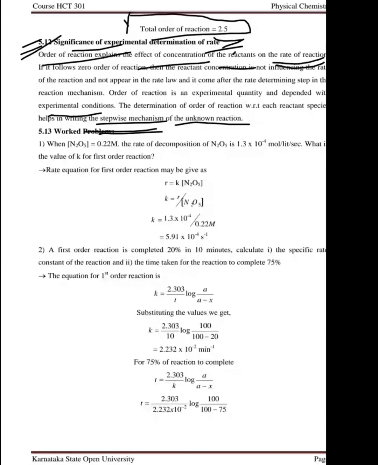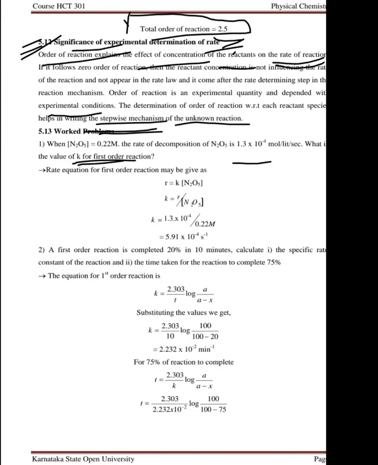The first problem: for dihydrogen peroxide at a concentration of 0.22 molar, the rate of decomposition is 1.3 into 10 to the power of -4 mole per liter per second. What is the value of K? You are going to identify it as a first order reaction.